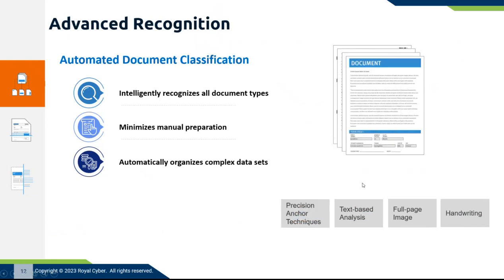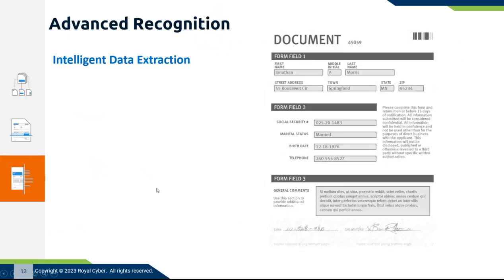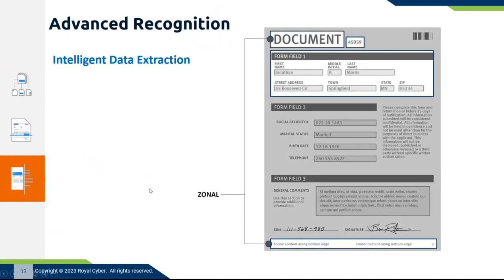Moving ahead, once you classify it, you want to extract it. If the data is always at a particular place, if the document is well structured, then you can use zonal extraction, which I was talking about in the previous slides, right? You can see there are boxes created around the data, like first name, last name.